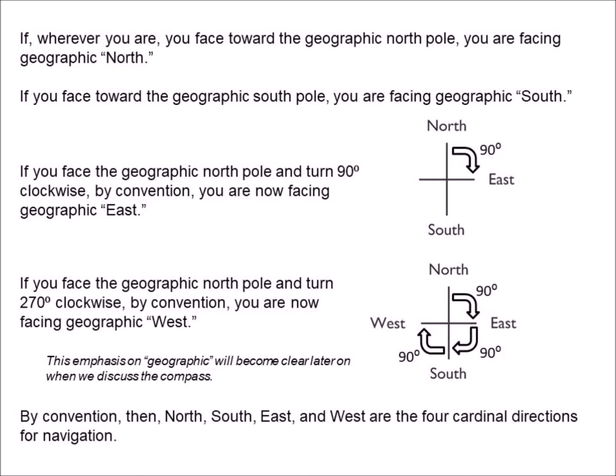And if you now face geographic north and do 3 right faces, so that you turn 270 degrees clockwise, by convention, you are now facing geographic west. And this emphasis on geographic will become clear later when we talk about the compass. By convention, then, north, south, east, and west are the 4 cardinal directions for navigation.